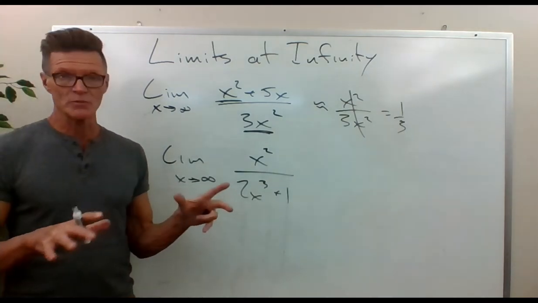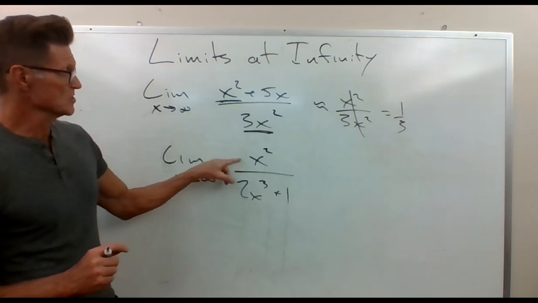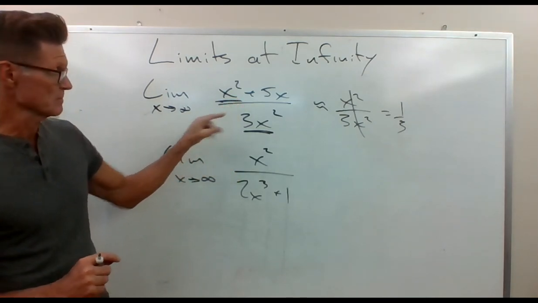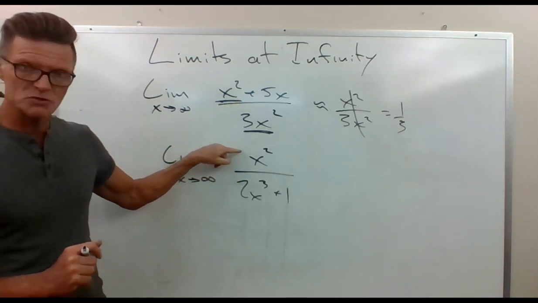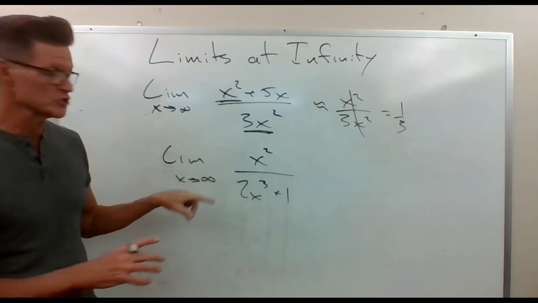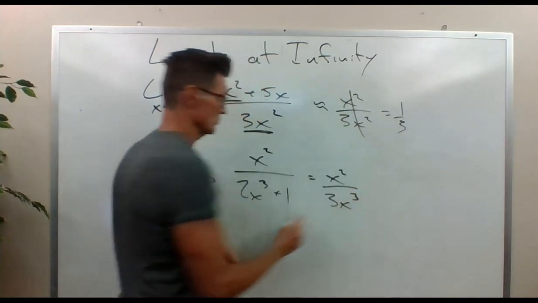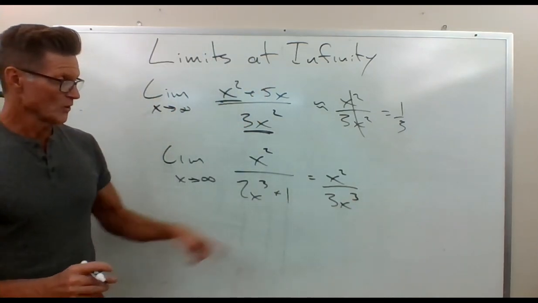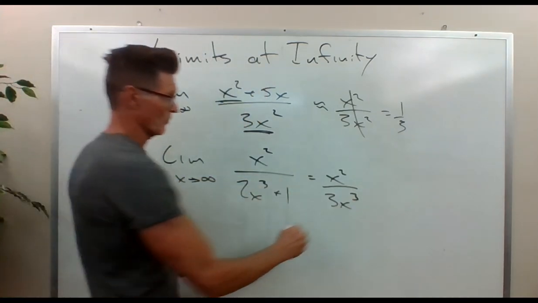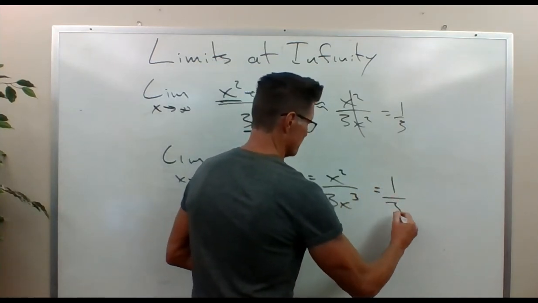So there's two ways that we can look at this. I can do it the same way I did this one up here, which is to say, okay, let's take the most powerful term in the numerator and denominator and just look at those. So that would be x squared over 3x cubed. Well, now we can cancel out some of those x's. I'm left with 1 over 3x.